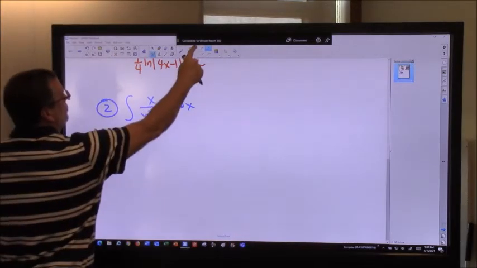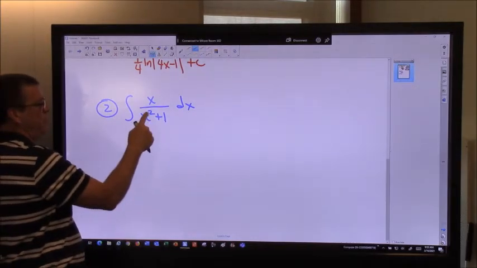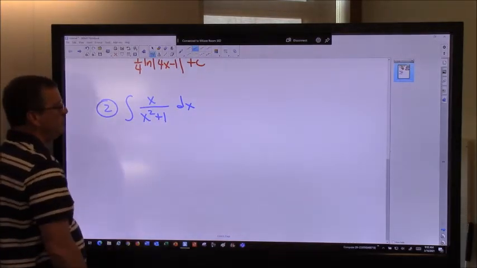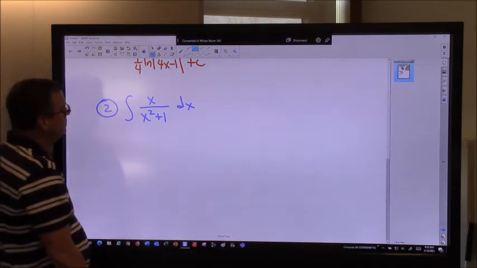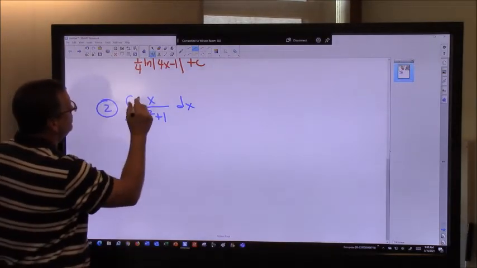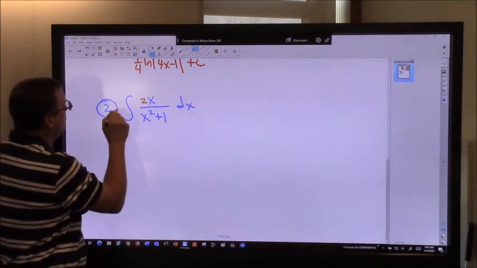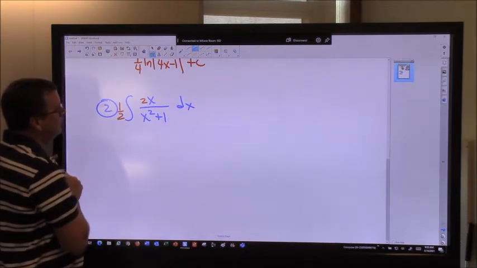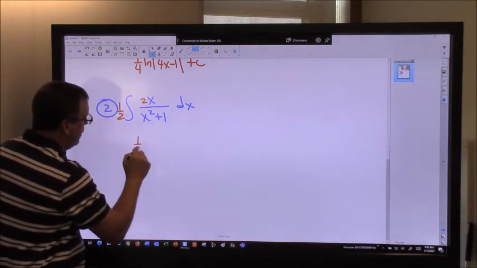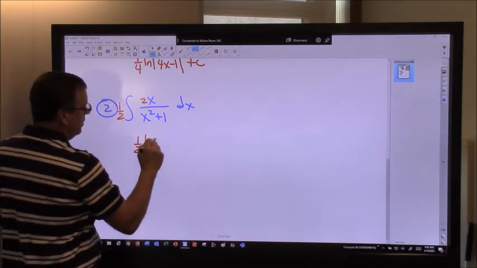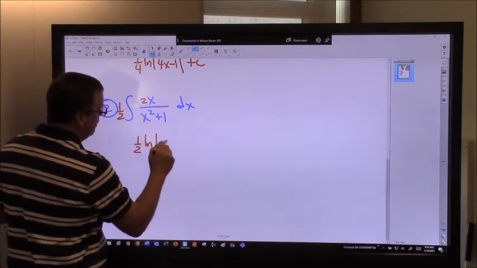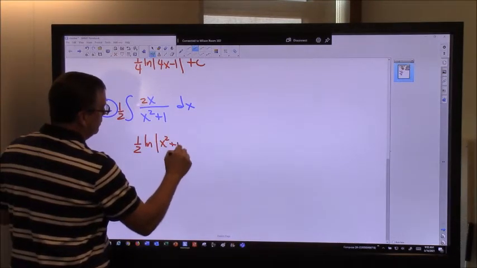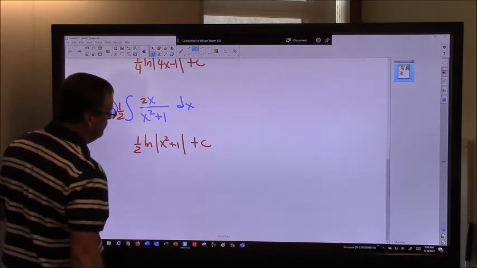So I just take a look at this and I think to myself, what's the derivative of that denominator? It's 2x. Can I make that happen up here? Yep. Put a 2 in, put a 1/2 right there, and my answer is 1/2 natural log absolute value of x squared plus 1 plus c.